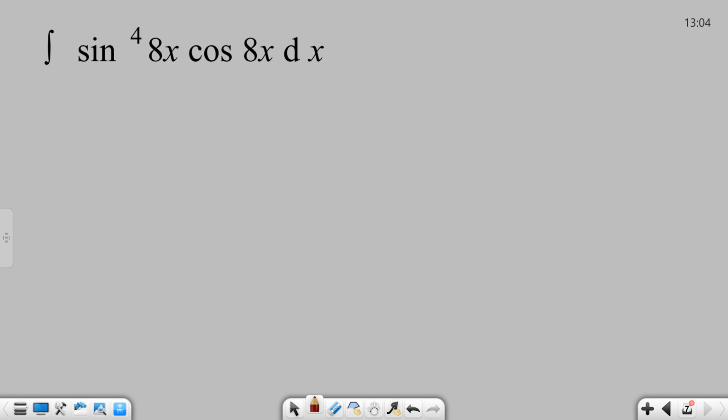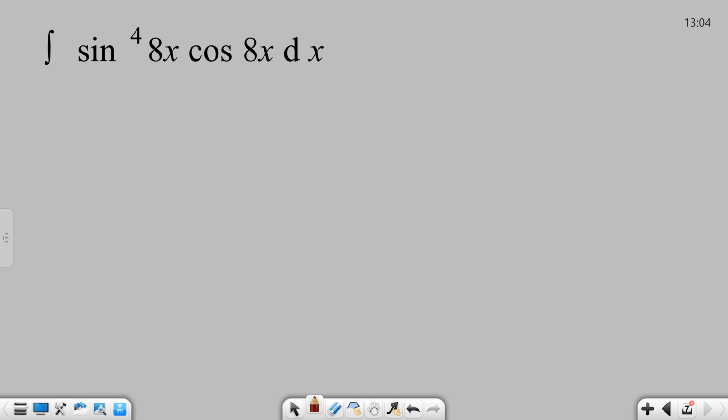It has to be if you take out the sine. It's a thing for sine. It's cosine. Negative cosine? Sine 8x, cosine 8x. Right? That's cool.